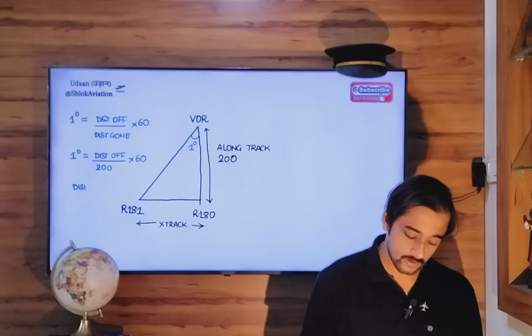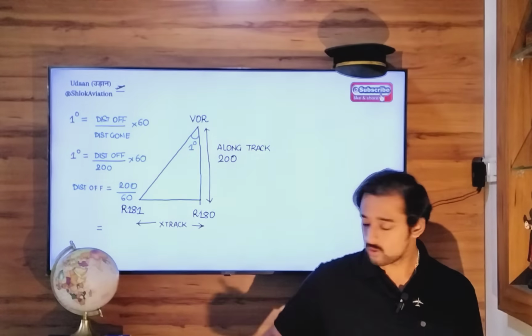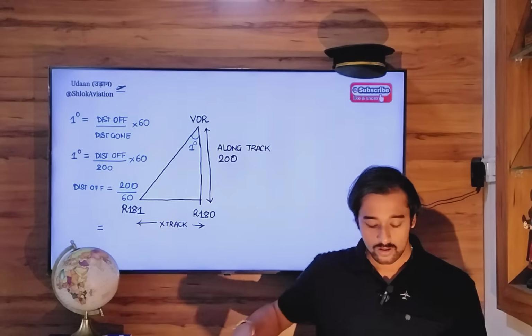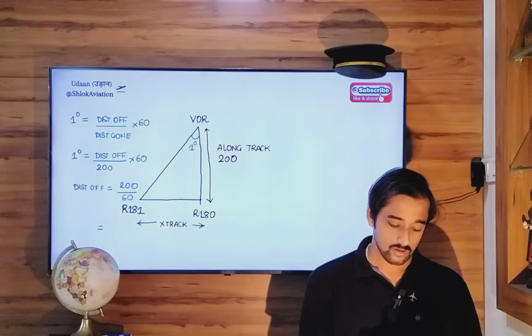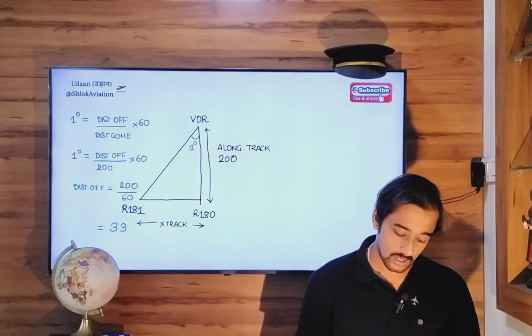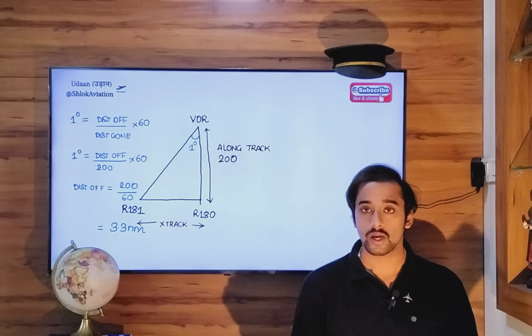So distance off track is equal to 200 by 60, which is equal to 3.3 nautical miles.